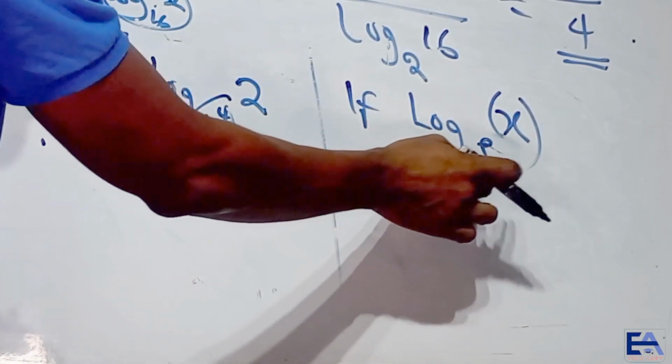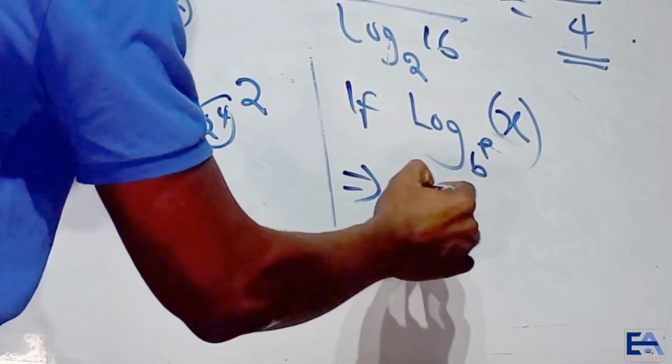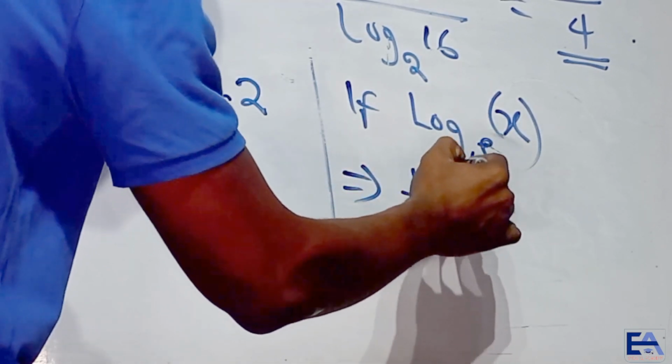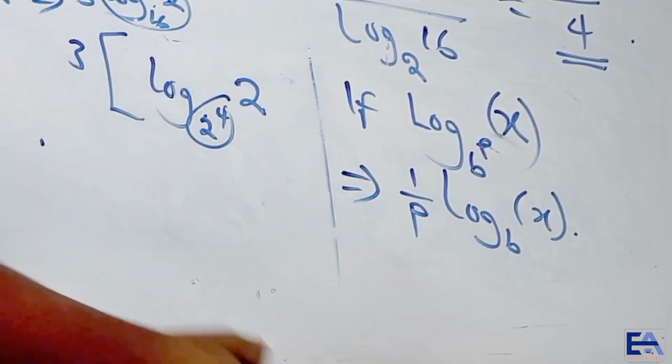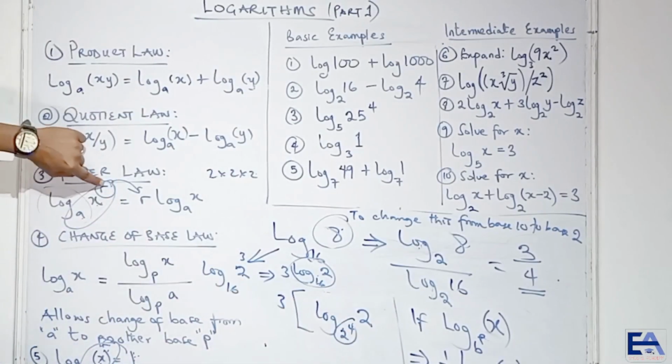In this case now, the base itself is carrying a power. The law says that 1 over p, that is the reciprocal of that power, will multiply log x to base b. Okay? Remember that when the number is carrying a power, the power will multiply the logarithm.